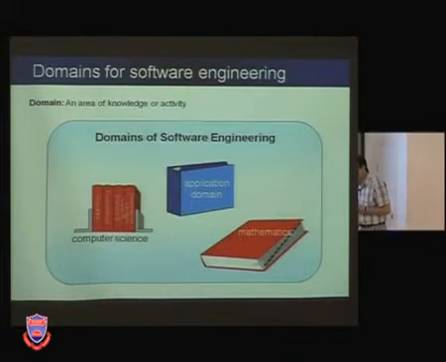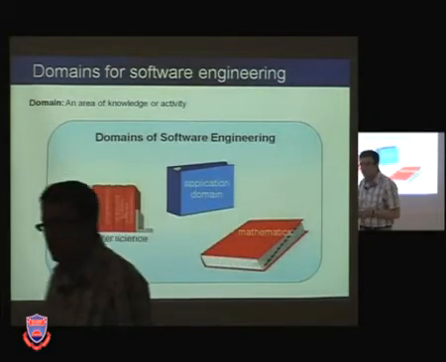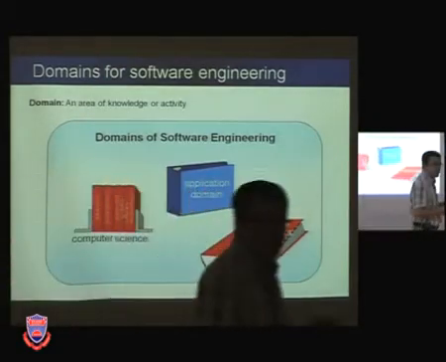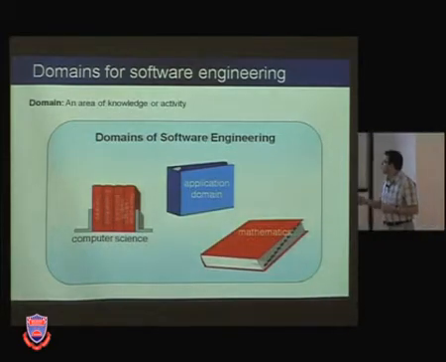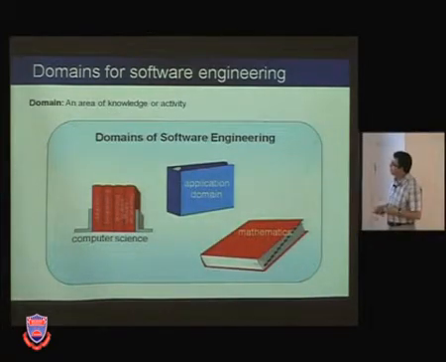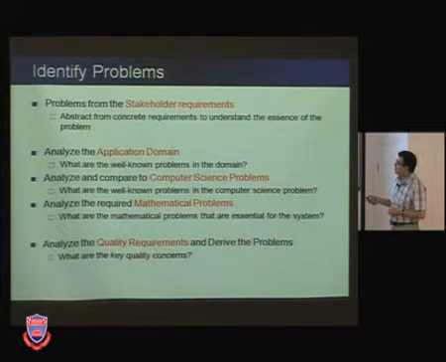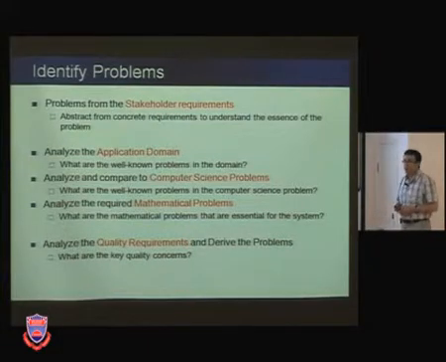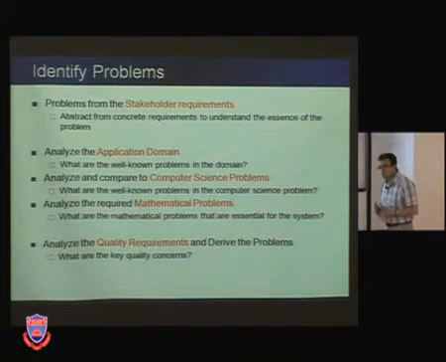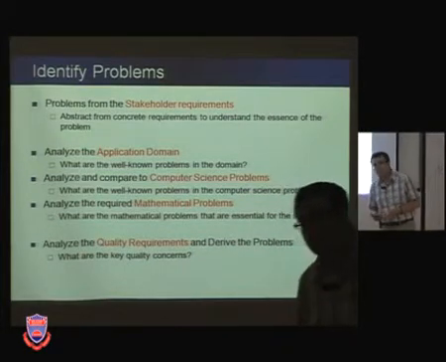So for searching for the essential concerns, the technical problems, we will first look at these domains. Three categories: problems from stakeholder requirements, that's one category. Problems from the domain, which we said can be subdivided into application domain, computer science, mathematical, and problems from quality requirements.